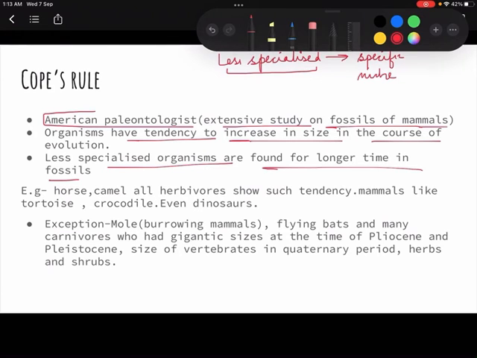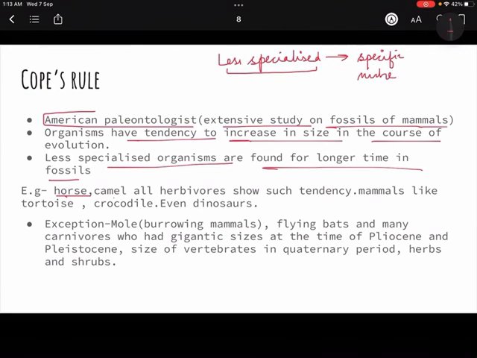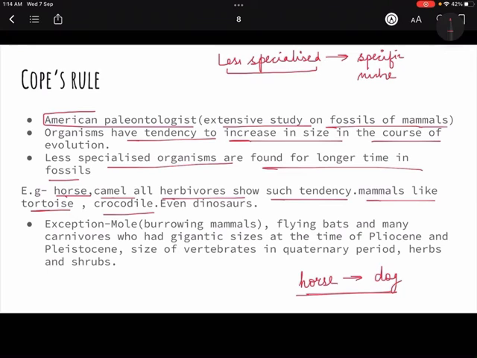That is what he meant. Then he gave examples like horses, camels, and all herbivores showing the tendency to increase in size. He believed that the ancestor of the horse was the size of a dog at one point. Similar for tortoise, crocodile, even dinosaurs. All had the tendency to increase.